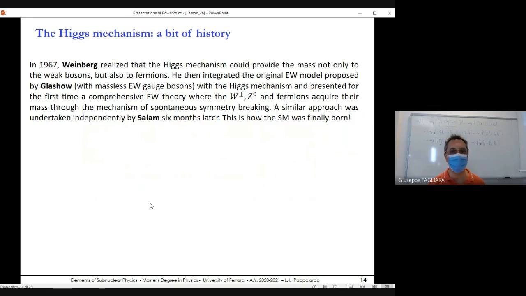Okay, and he presented for the first time a comprehensive electroweak theory where the W and the Z and also all the fermions except the neutrinos acquire mass through the Higgs mechanism, and the photon remains massless. Then a similar approach was also undertaken independently by Salam six months later. This is indeed how the standard model was born in that year, and all these three got the Nobel Prize a few years later for this.